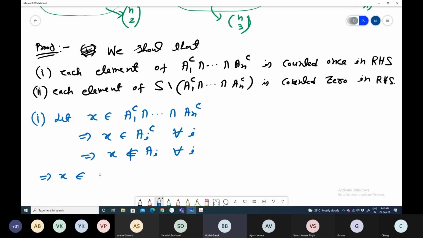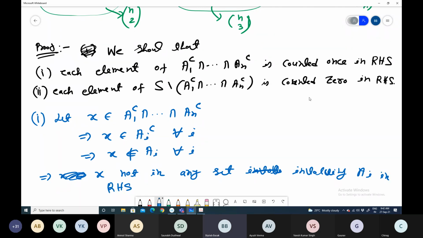Now since X is not in AI for all I, you can say that X is not in any set involving AI in the right hand side.